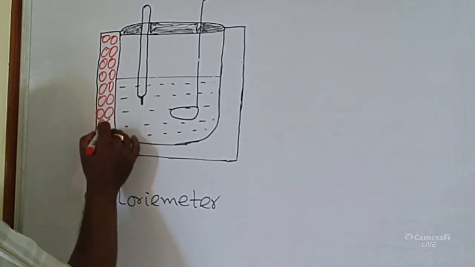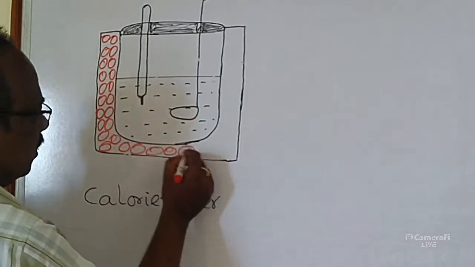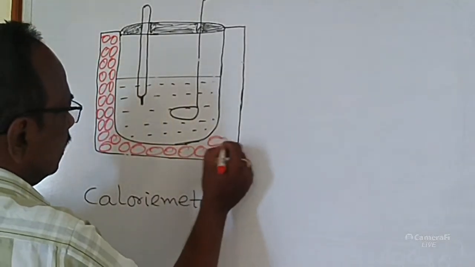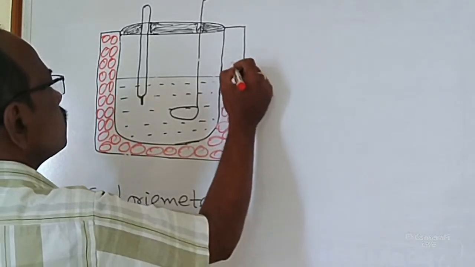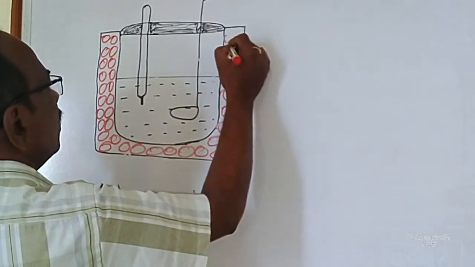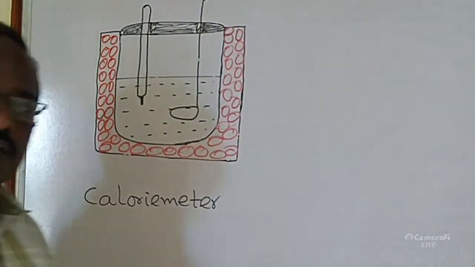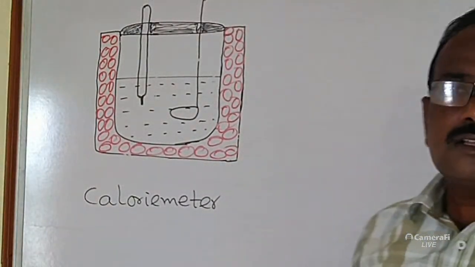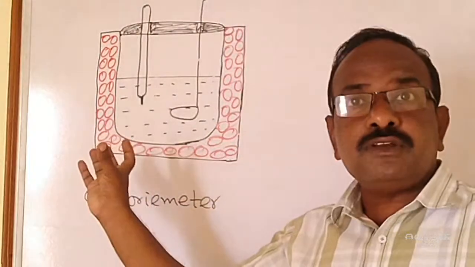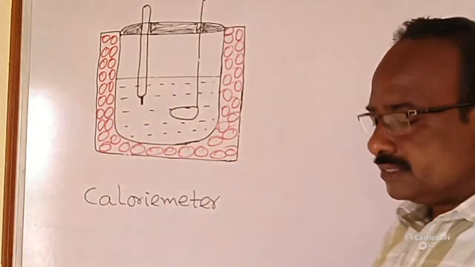This one is called non-conducting material. You can fill with non-conducting material, for example wood powder, silk, cotton, etc. You should keep here. So inside heat will not flow outside, and outside heat will not enter inside.